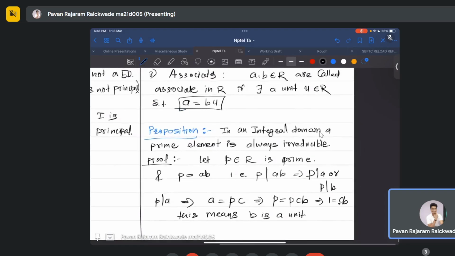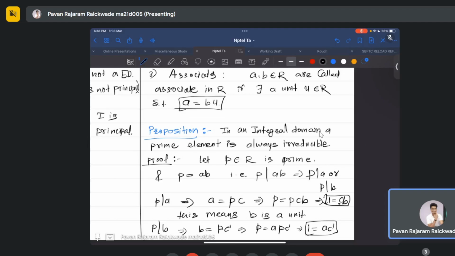And similarly, if P divides B, then what do you get? Then you get B equals some P times, let's say, C dash. And then you can write P equals A P C dash. And by commutativity, 1 equals A C dash. So this will imply A is a unit, right? So in any case, either of those will be a unit.